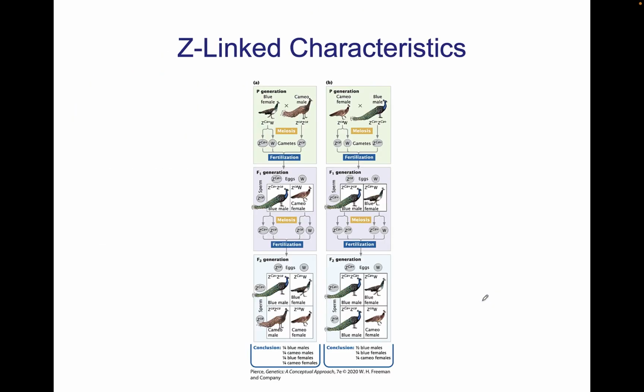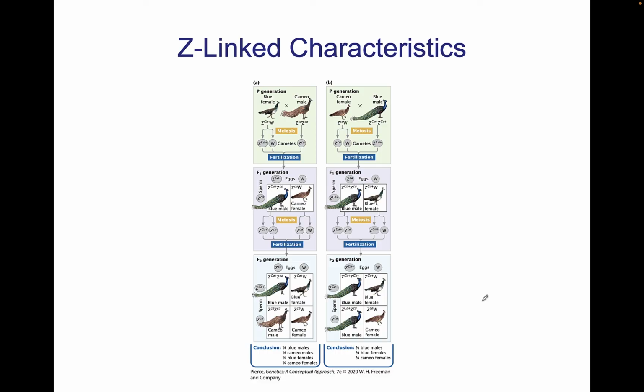All right. So this is just looking at what we call Z-linked characteristics, and this is a cameo phenotype in the Indian blue peafowl, inherited as a Z-linked recessive trait.